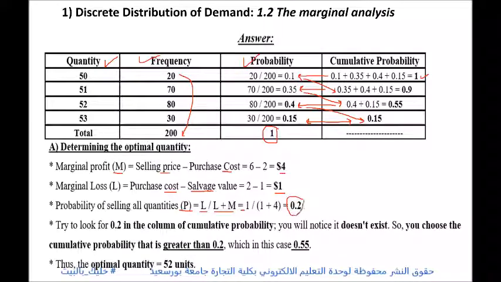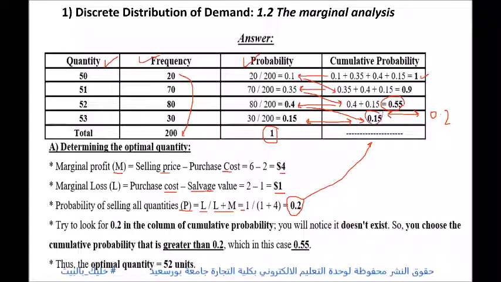Then, look for 0.2 in the last column. Where is this? You can't find 0.2, but 0.2 is between 0.15 and 0.55. So we select the largest one between the two numbers, between 0.55 and 0.15.